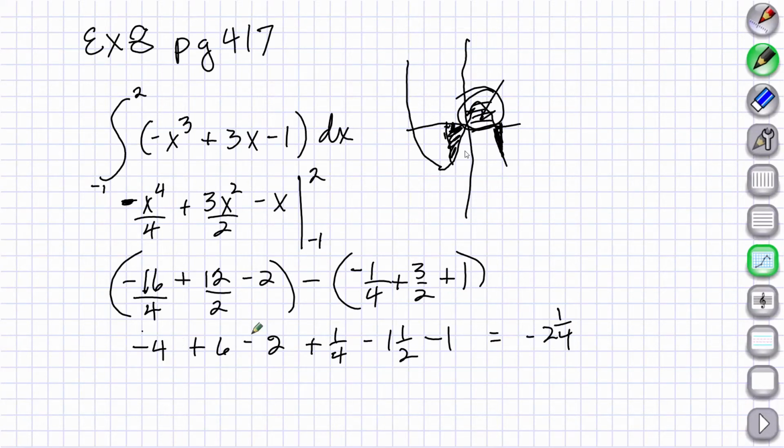These would cancel out, and we could change the 1/2 to 2/4. I'm not coming up with that. Oh, yeah, because this is positive 1/4. That's a negative 1 1/4 minus 1, which would be a negative 2 1/4. Yeah, it works. These all added up to 0, and 1/4 from 2/4 is 1/4. Negative 1/4, negative 1, negative 2 1/4. Good.